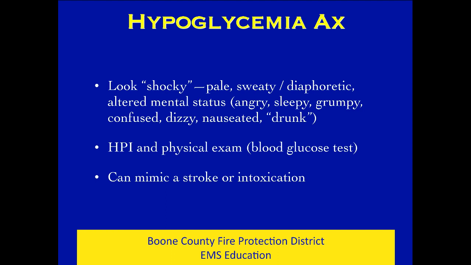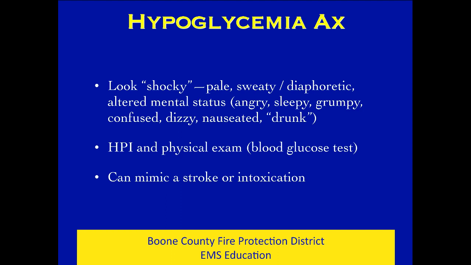And this is one of those assessment things where you can have an objective number. If their blood glucose is low, it's low. And if it's high, it's high. And the way to find that out for sure is to use your glucometer and get a good blood glucose test. It's quick and usually easy to do.